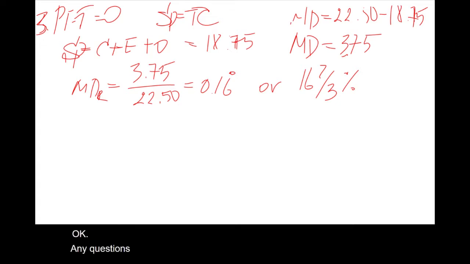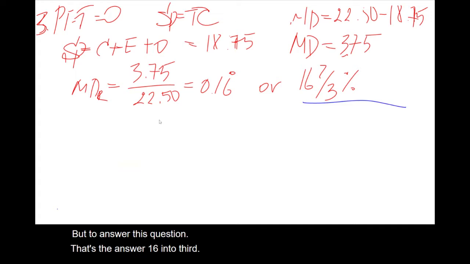Any questions here? Okay, let's see. But to answer this question, that's the answer. 16 2/3. Yeah, you can say that. Well, 16.67, it's a rounded value. So 16 2/3, it's more accurate.